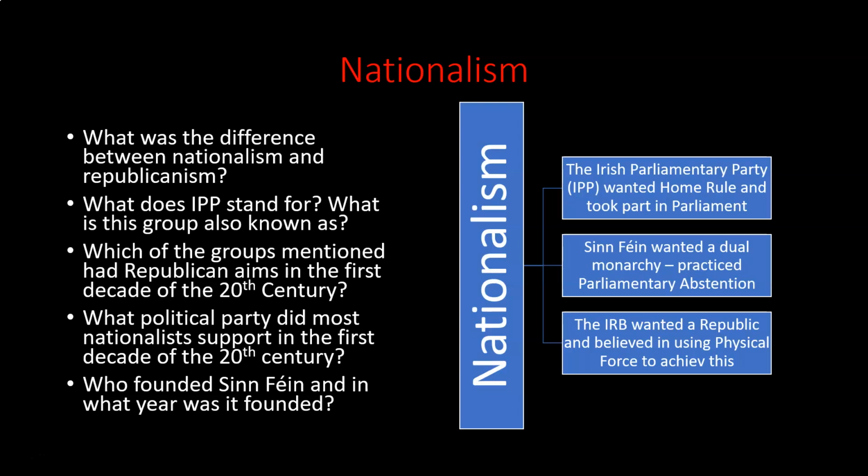So, if we look at nationalism, it is this idea of getting greater independence for Ireland, having Ireland being a self-ruling country. We know that with the Act of Union in 1800-1801, the island of Ireland had been taken under direct control from Westminster and London.